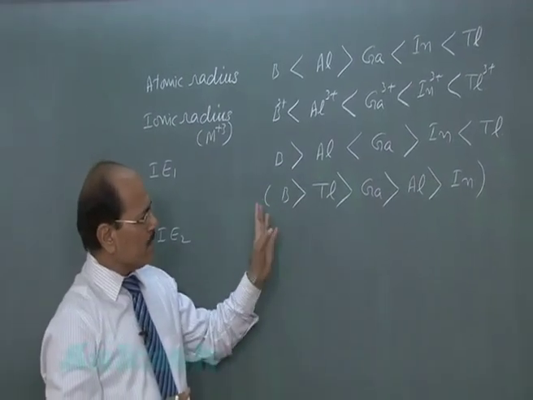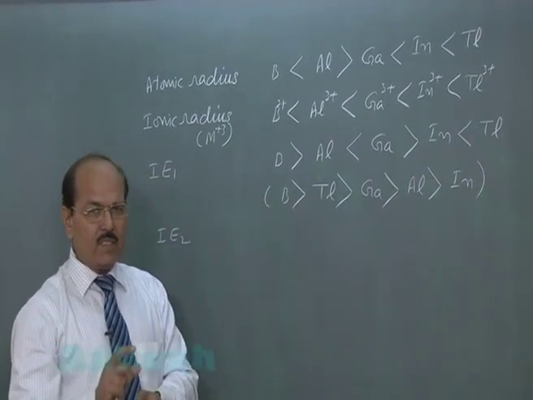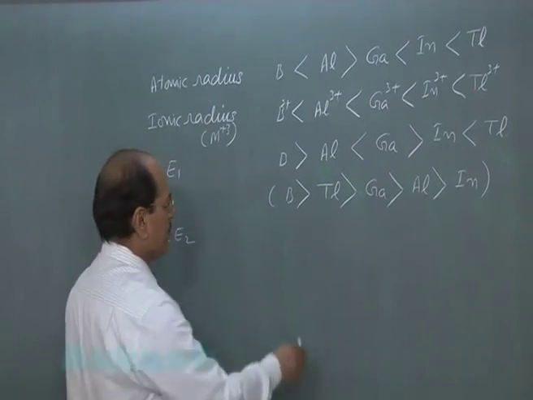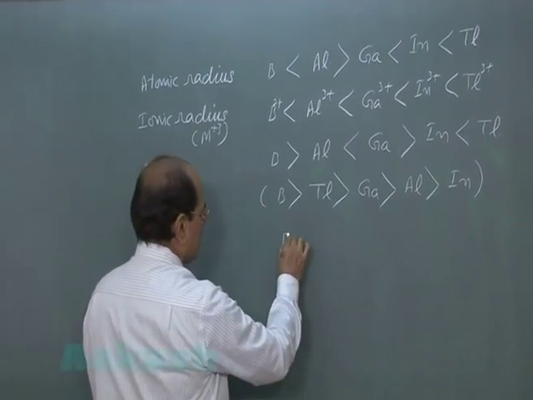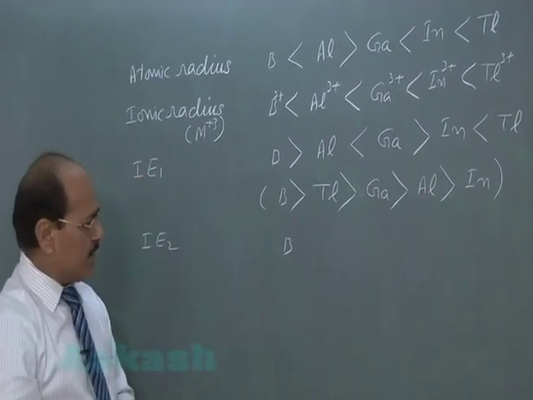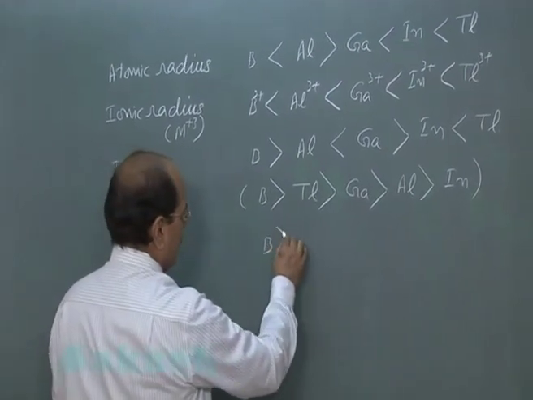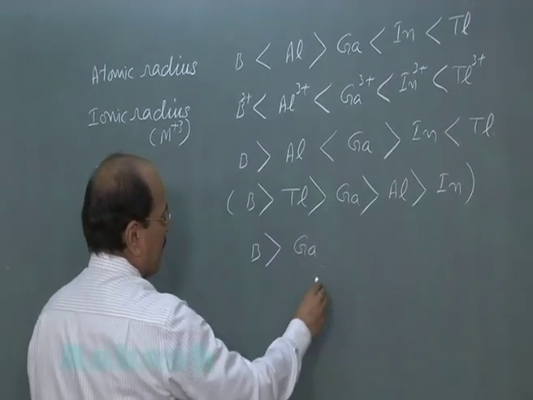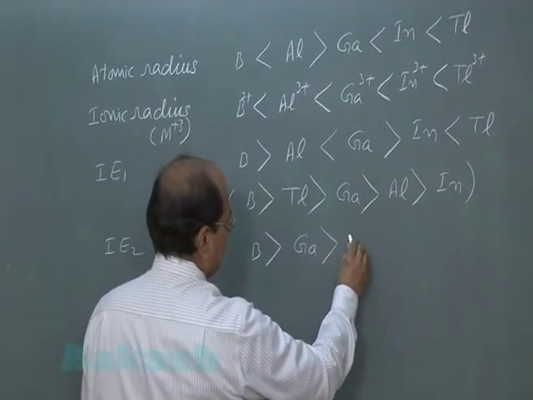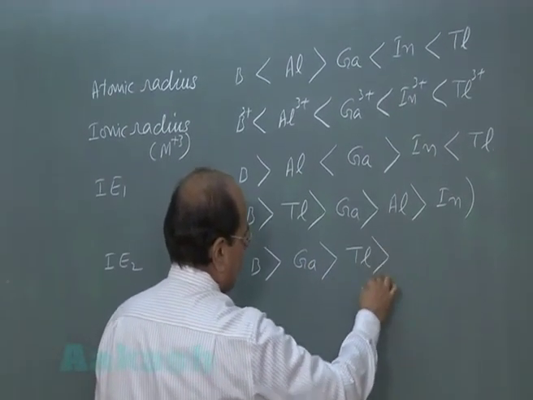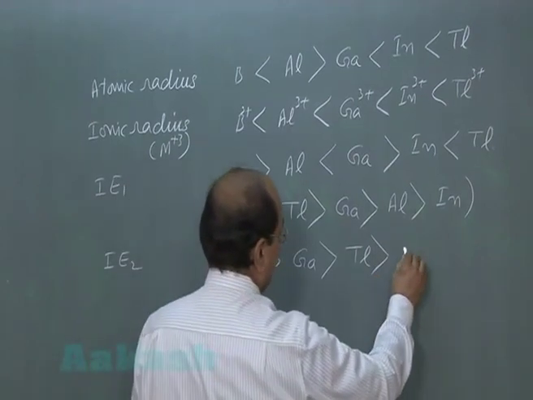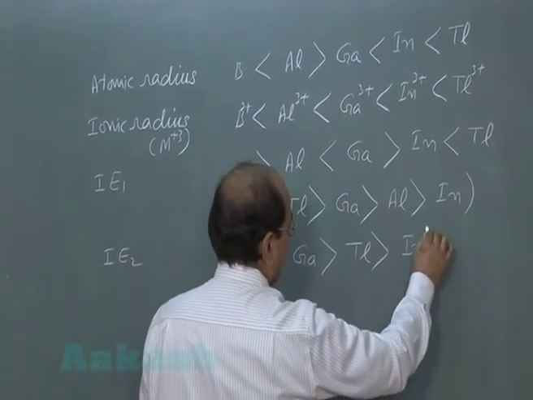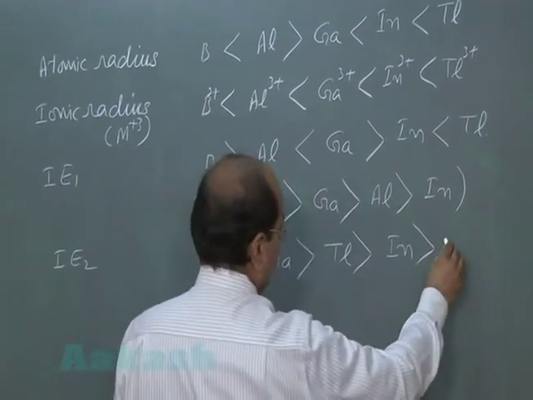How is the trend? It's more or less the same, but there is a slight variation. Boron has the highest ionization energy, followed by gallium, followed by thallium, followed by indium, followed by aluminium.